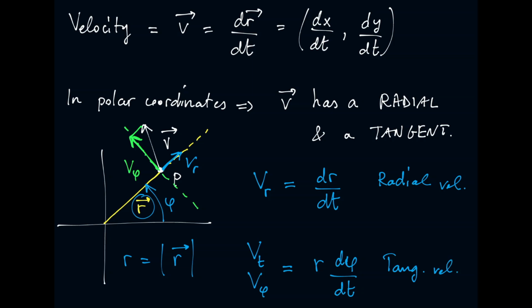Does this make sense? All right, let me rewrite this with slightly better handwriting. So d phi over dt is how quickly the angle phi is changing. And it makes sense that the tangential velocity is proportional to this, because the faster you rotate, the faster the angle changes, the faster you're moving.